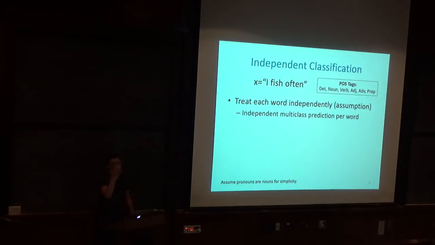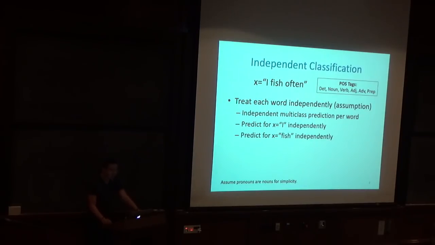Okay, so the other extreme, rather than treat every possible output sequence as its own class, is to say, well, let's just ignore the sequence structure of the output and treat every possible output token as an independent multi-class prediction per word. For the word I, we'll predict the part of speech tag for I independently.